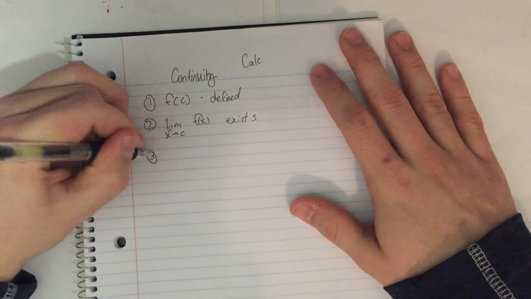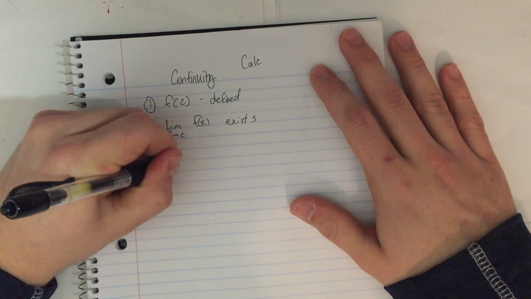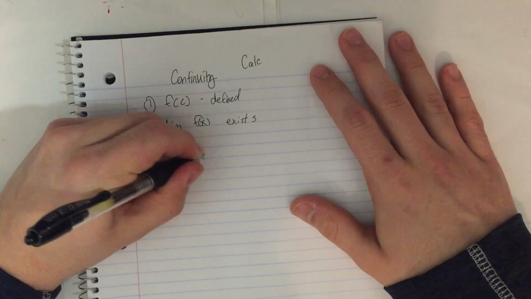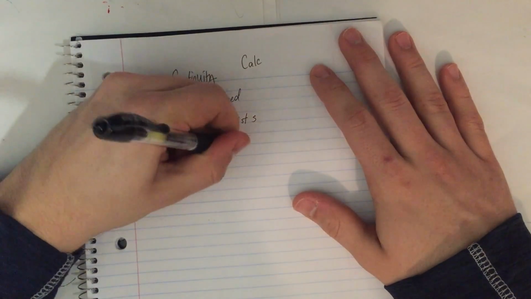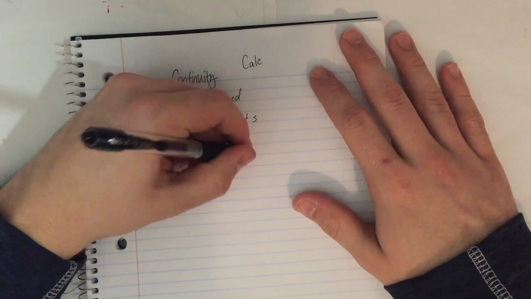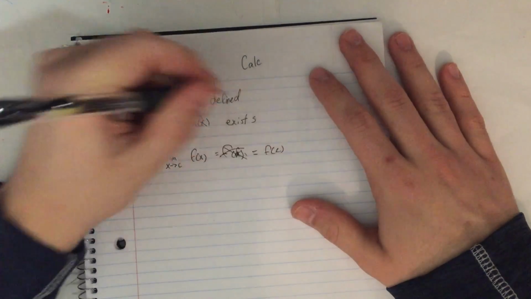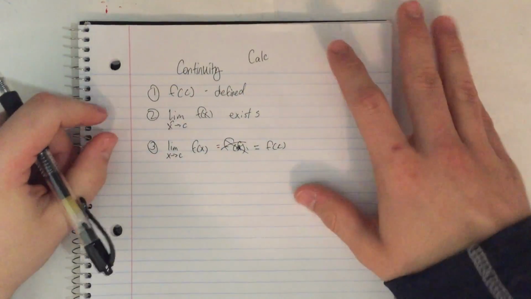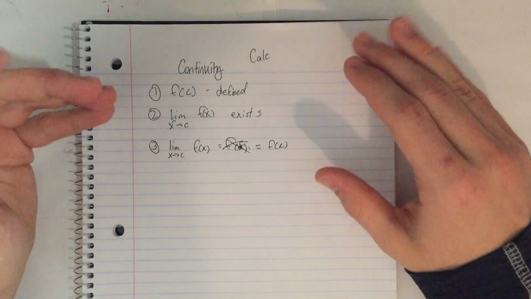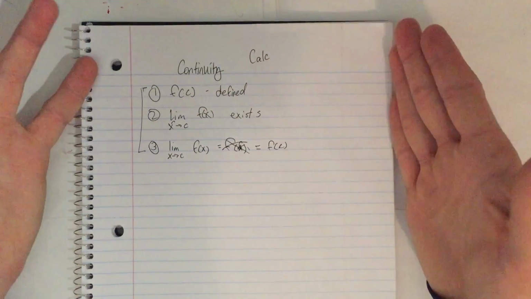And three, the limit as x approaches c of f of x equals f of c. Okay? And that's the definition of continuity.